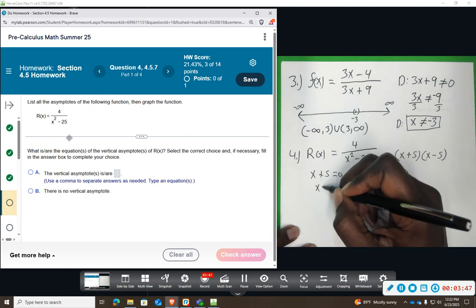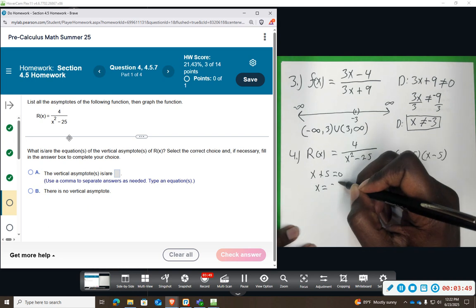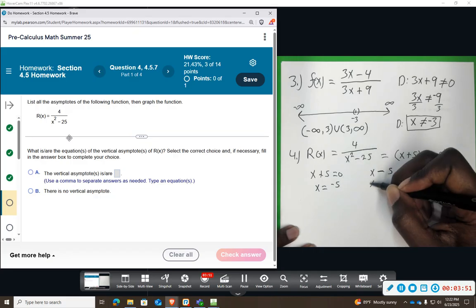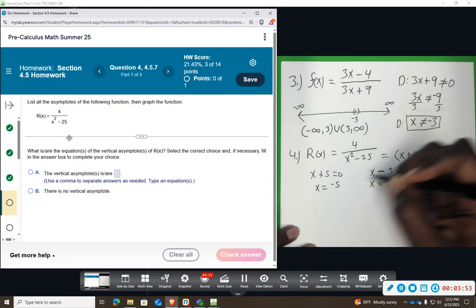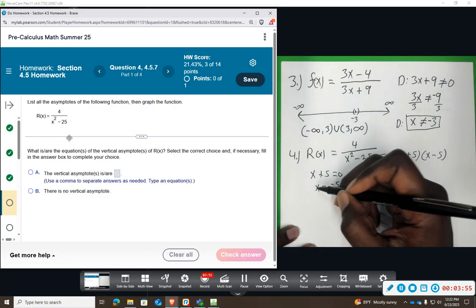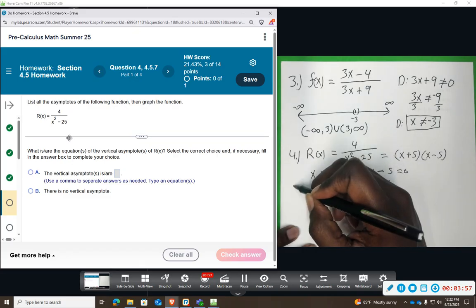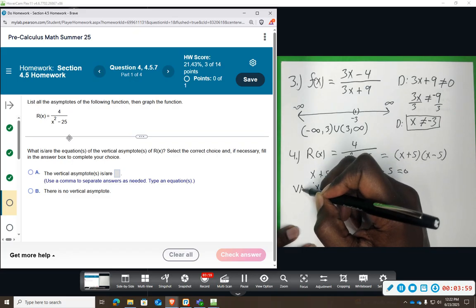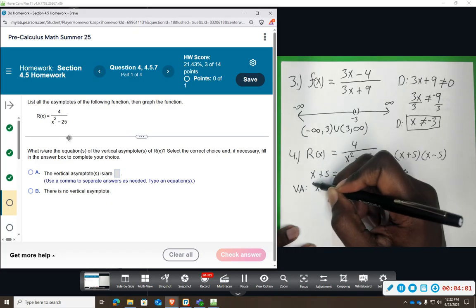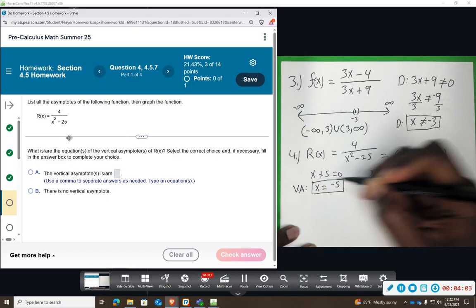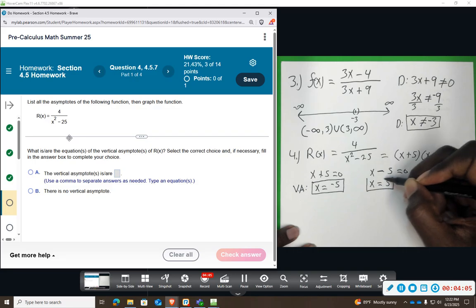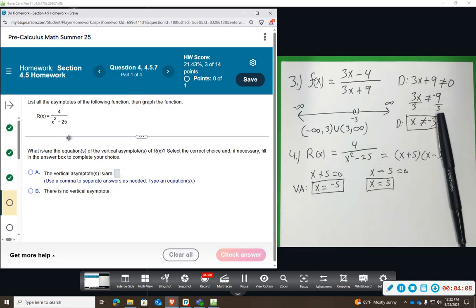This will give us x equals negative 5. This will give us x equals positive 5 when you move it over. So these will be our 2 vertical asymptotes. Whatever makes the denominator 0, so we'll get 2 of them, x equals 5 and x equals negative 5.